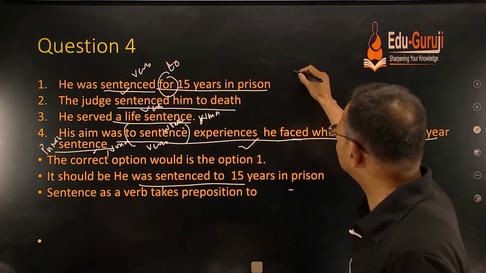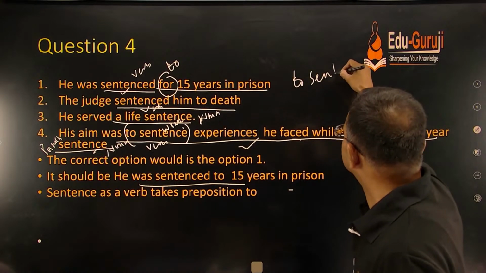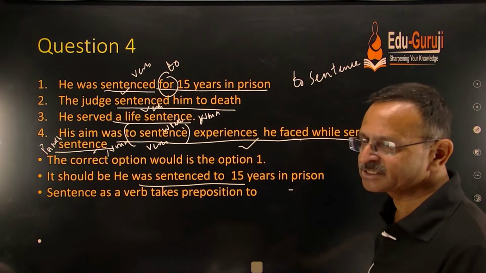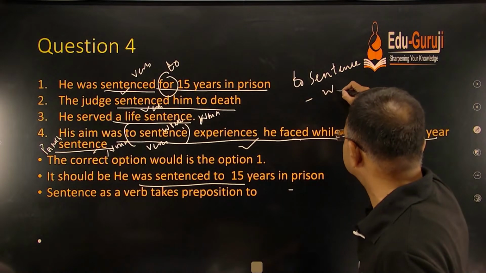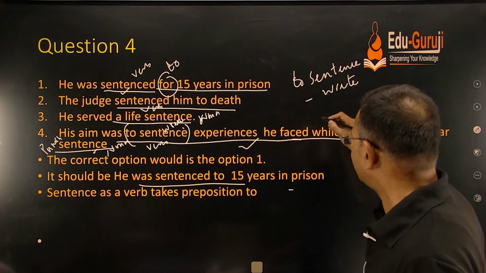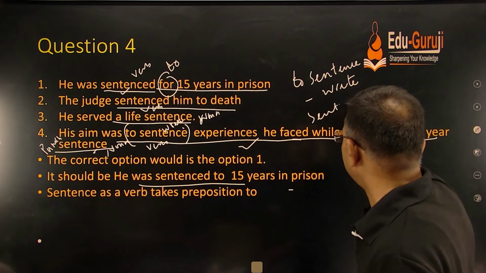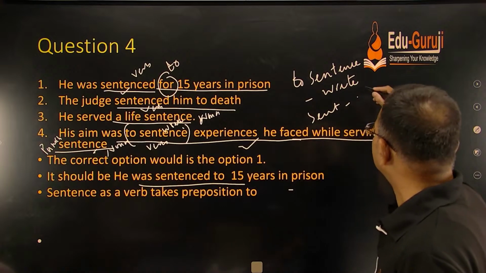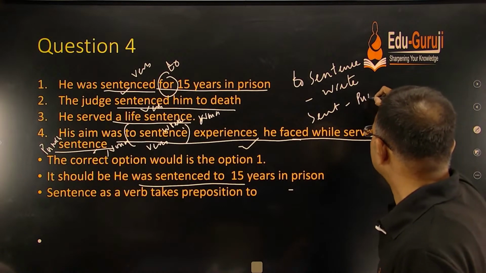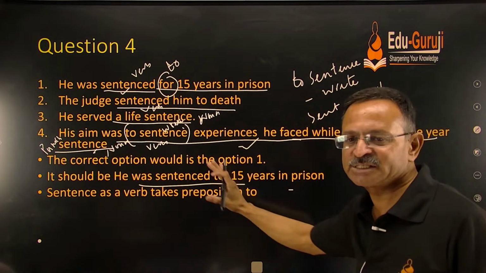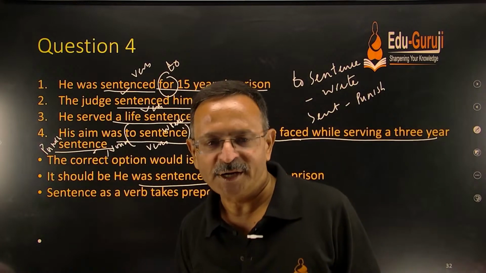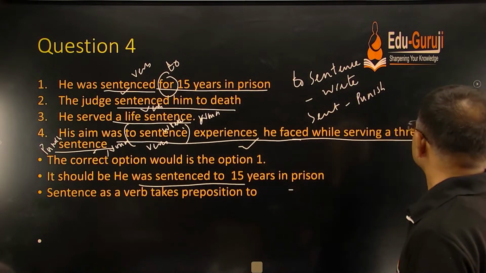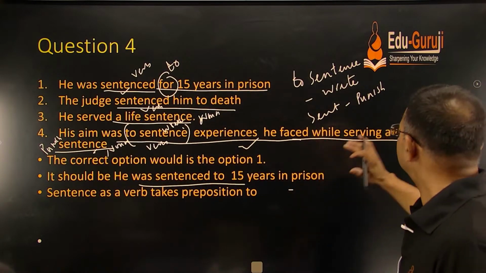So if you use to sentence, I want to sentence something, that means I want to write something. And sentence as a noun is definitely a punishment. I hope this is quite okay and clear to you. Let's go to the next one.